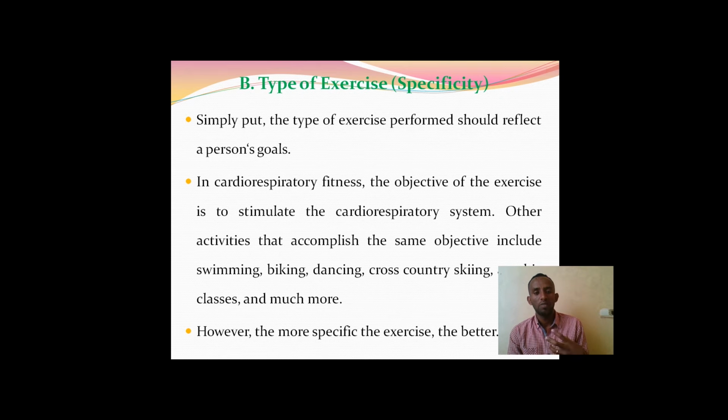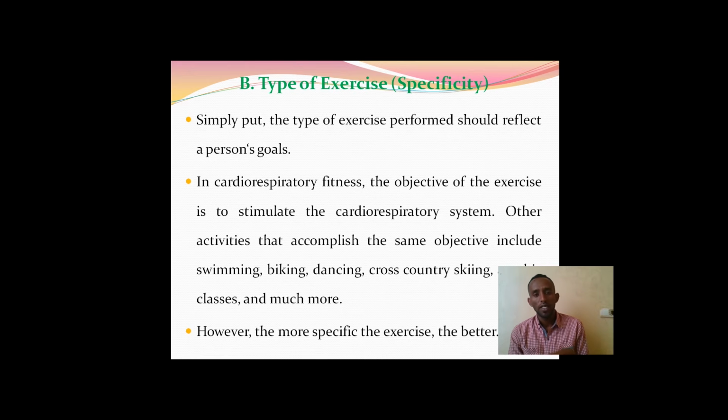For example, a person who wants to lose weight may highly concentrate on aerobic exercises. Aerobic exercises like running, rhythmic dances, jogging, biking, treadmill in a gymnasium setup, and also rope skipping and similar exercises will be more used to lose weight, all right?